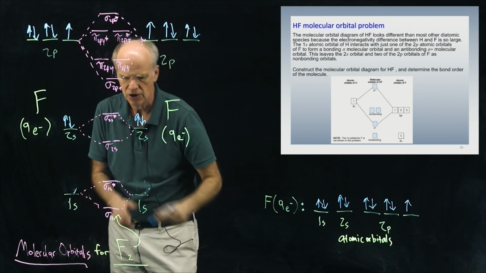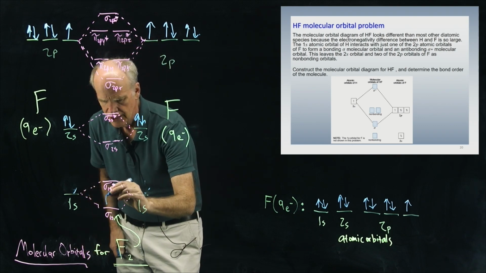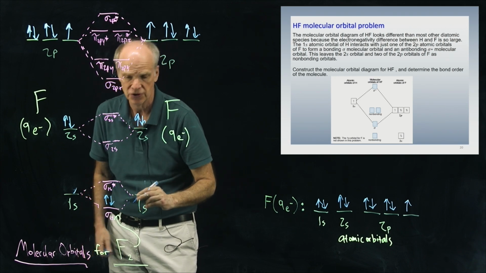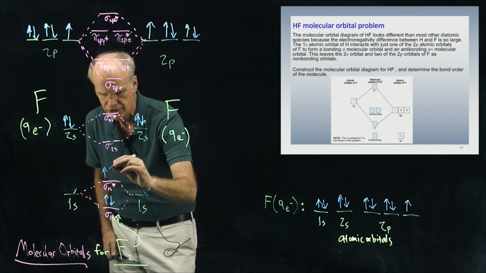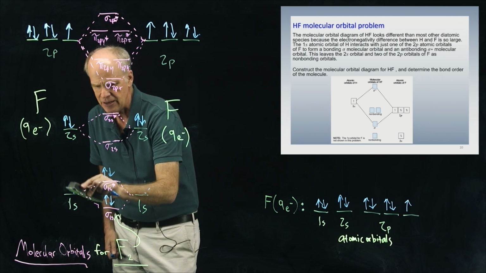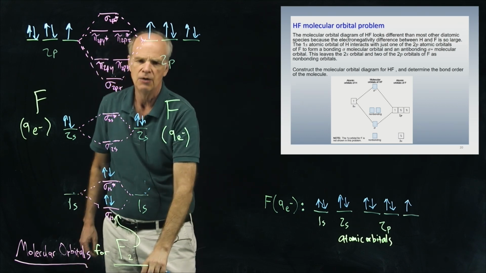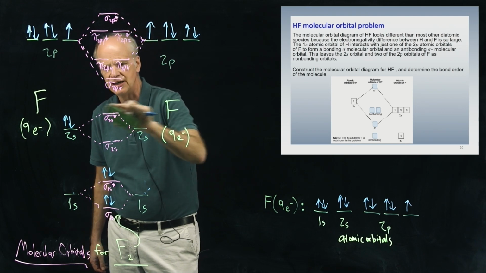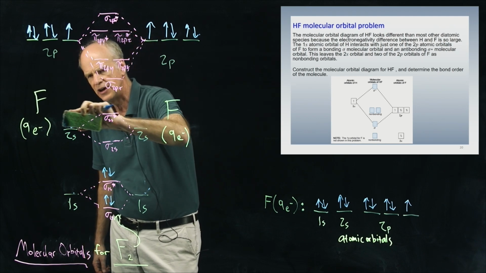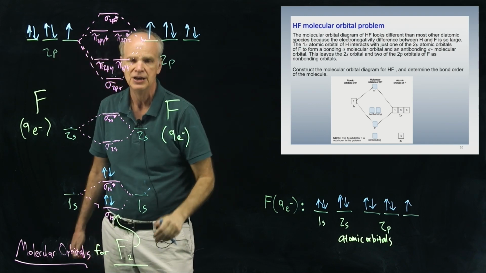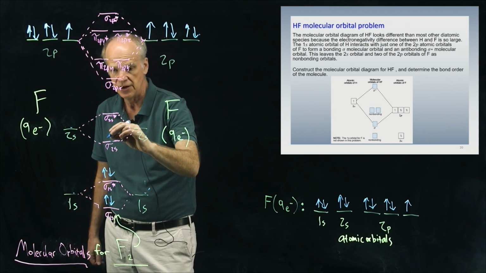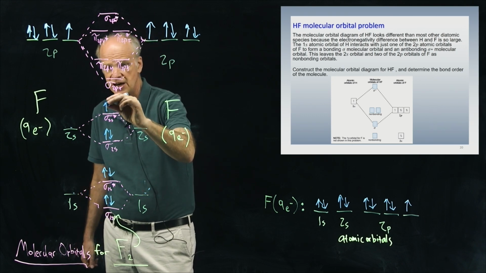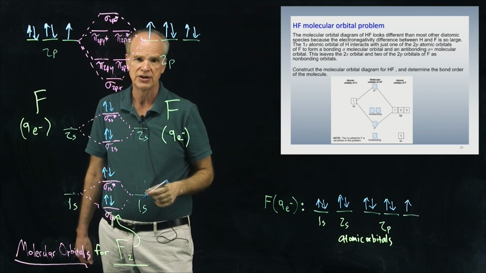I think you know a pair will go into the bonding molecular orbital, which is in the first energy level, and another pair will go into the antibonding orbital. The same thing happens when you're now in the second energy level. Same deal. The electrons are no longer found in atomic orbitals in F2. Instead, those electrons are going to be found in a bonding orbital in the second energy level and an antibonding orbital in the second energy level, which I designated there.